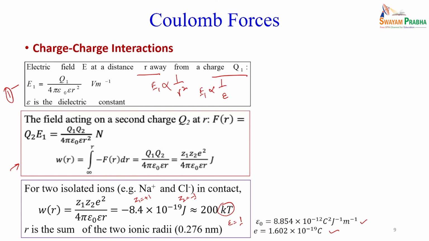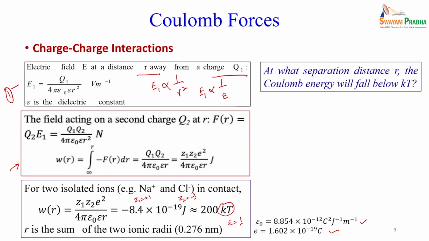Now, from this let us see what should be the distance when this potential or Coulomb energy will fall below 1 kT. So, if you put here W(R) is equal to 1 kT and we will calculate the value of R from this expression.